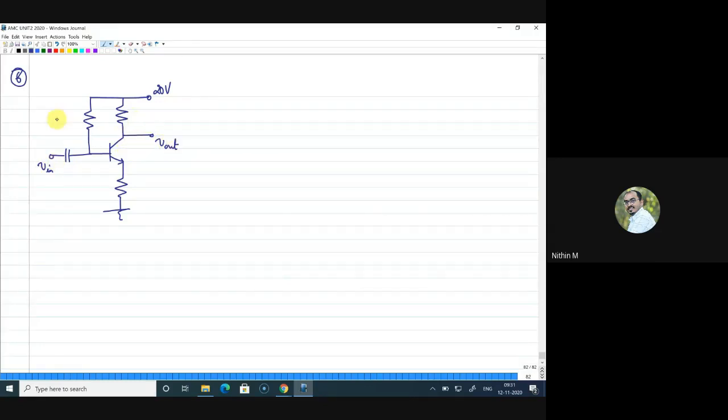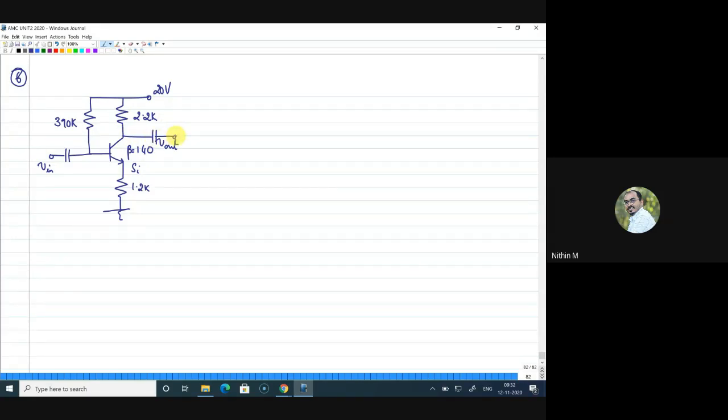This is V out. Beta equal to 140, and given that this is a silicon transistor, 29.1. All right, Bhavana, yeah, close answer. It's 28, 29. All those are fine. This is the V out point.